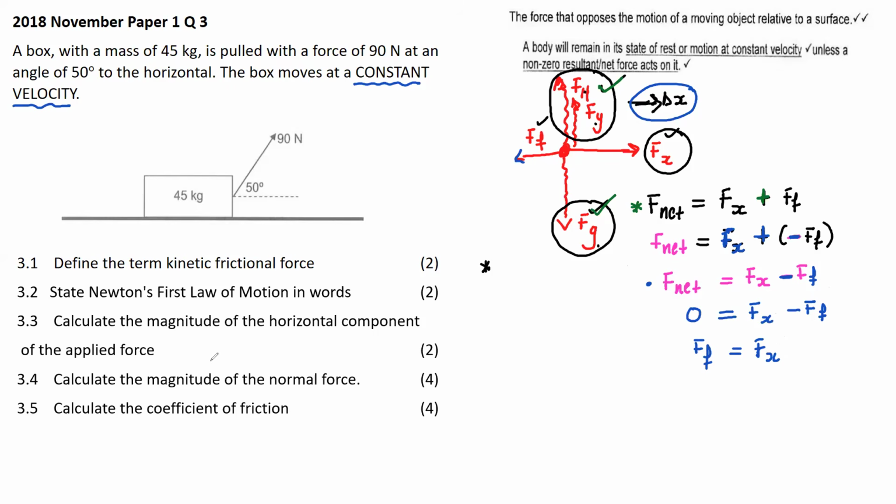But the question says, please find the coefficient of friction. Now, if Ff is equal to Fx, you see, in the memo, they don't show you this. That's why I don't like the memo, Mina. I prefer that I do things with you. The memo does shortcuts. Already from question 3.3, we found out what Fx is.